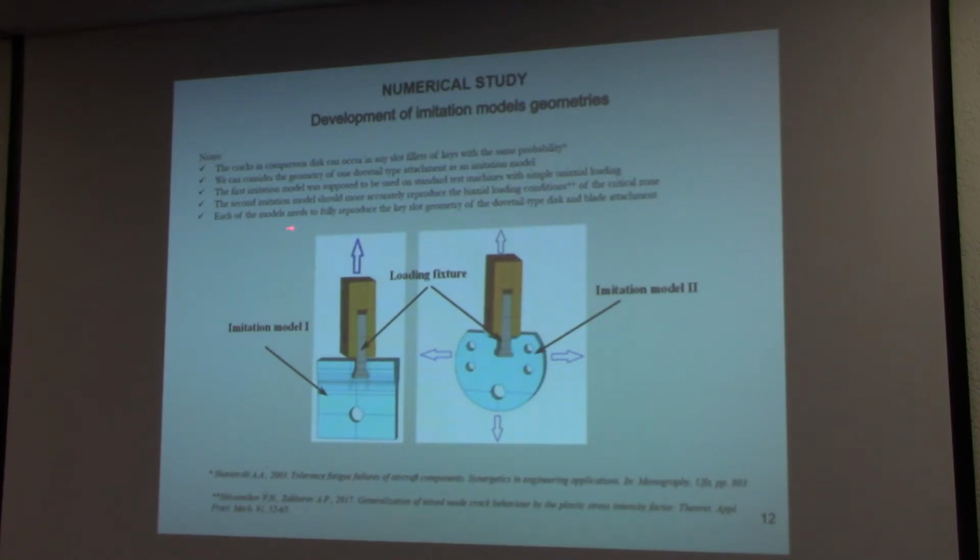The first imitation model was supposed to be used on a standard test machine under uniaxial loading, and the second imitation model should more accurately reproduce the biaxial loading conditions in the compressor disc. Each of the models needs to fully reproduce the key slot geometry. And tension loading is applied by a specially designed loading fixture.